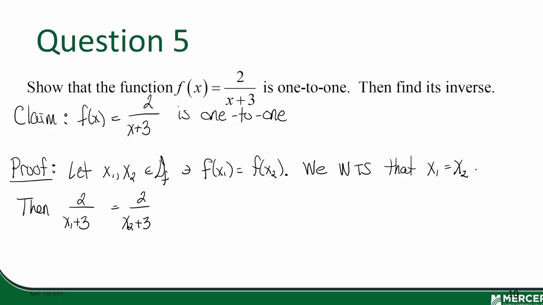Since f of x1 equals f of x2, that means 2 over x1 plus 3 has to equal 2 over x2 plus 3. There are two ways to go about this. First way is the standard way. You see a fraction equals a fraction, and you want to solve for x.